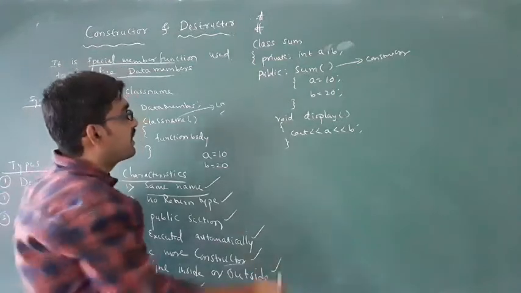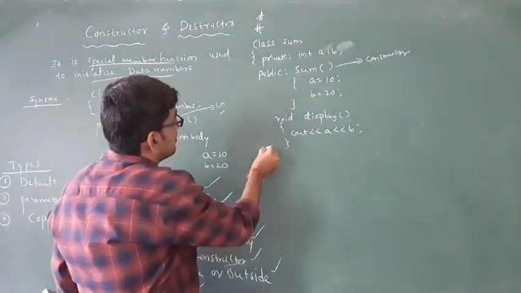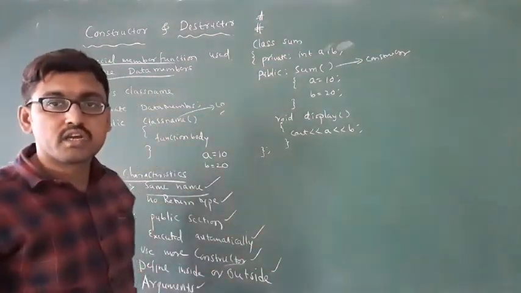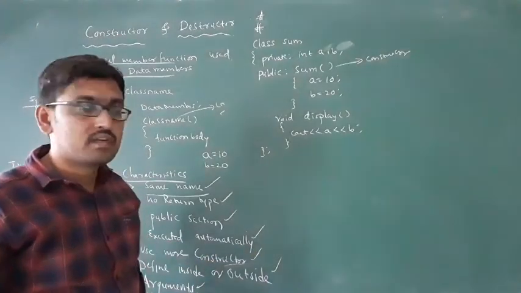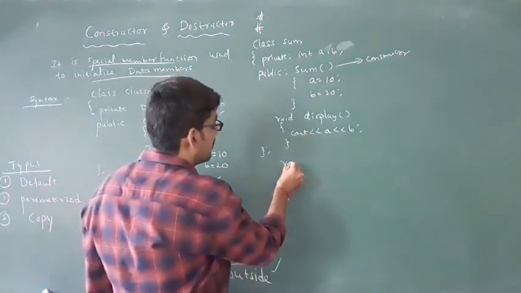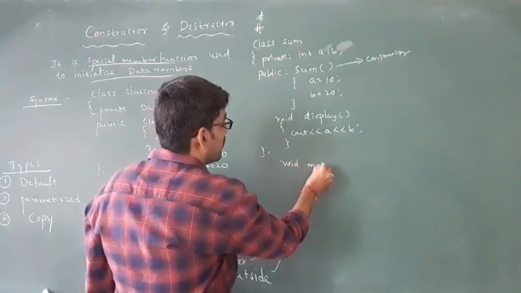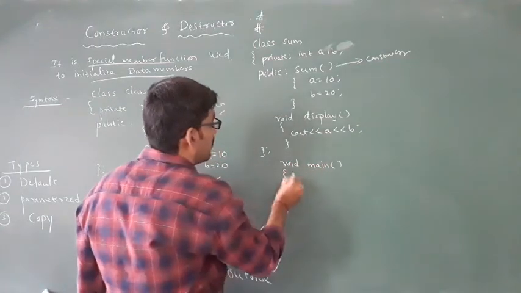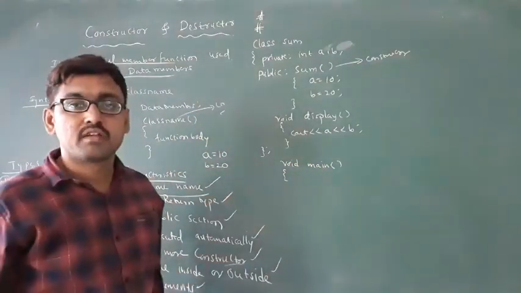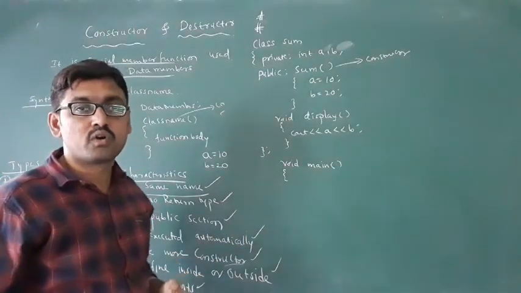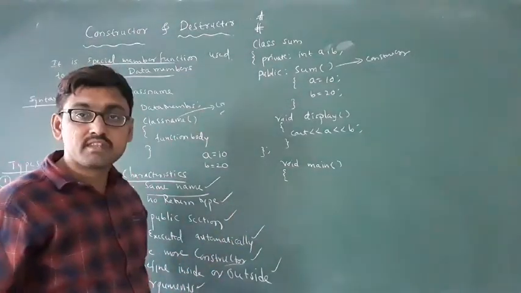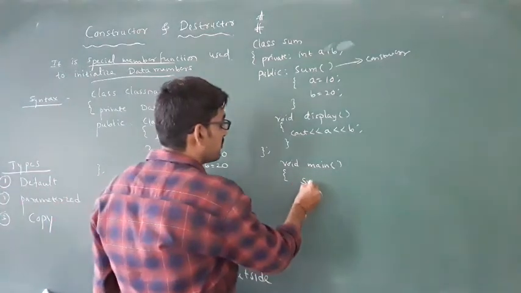Then I am closing this class. Then void main. How to create an object? You know how to create an object by using the class name. The class name is Sum.